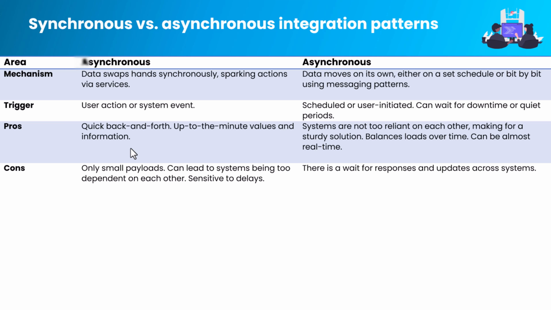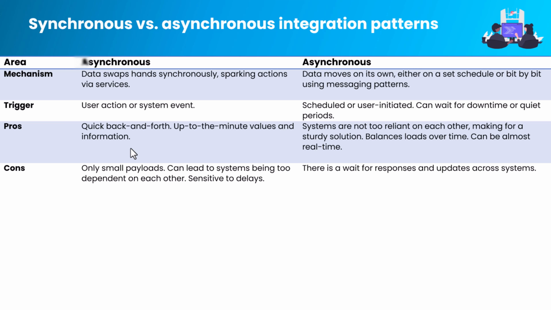They also create dependencies, meaning if one system fails, it can impact the others. But in case of asynchronous, there is a wait for responses and updates across the systems. Data transfer and processing are not instant, meaning there may be delays before all the systems are updated. This might not be ideal for time-sensitive tasks.